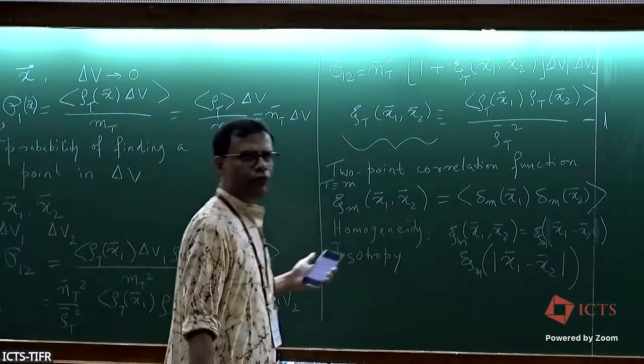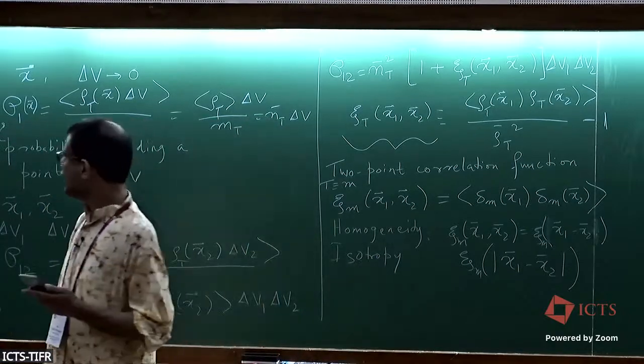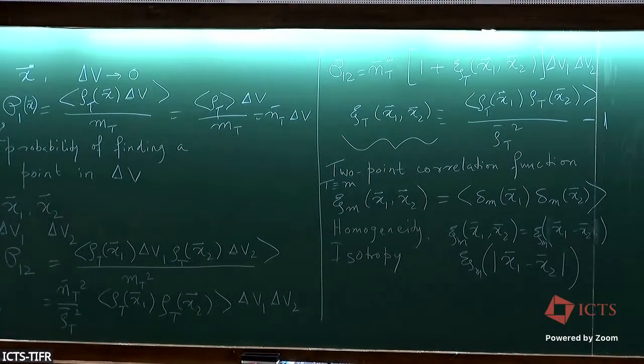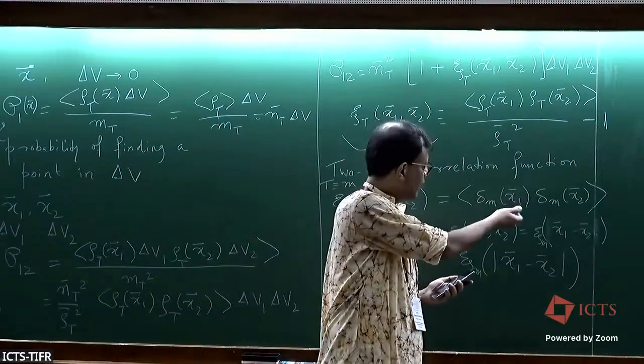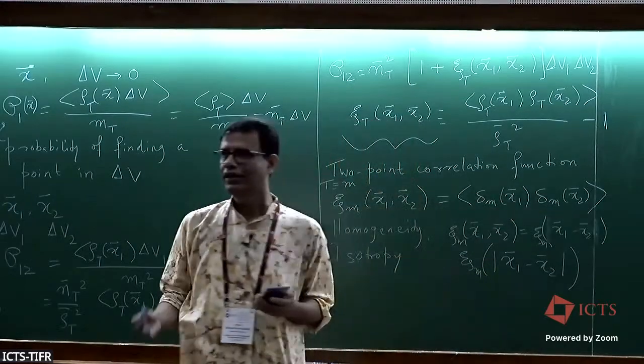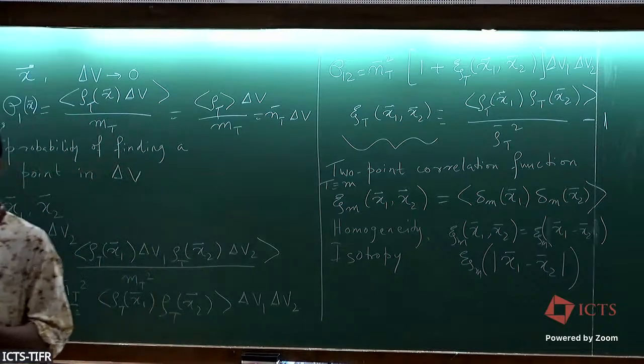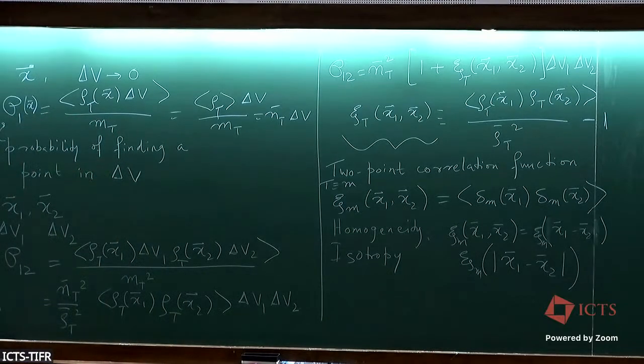Now remember, this is something we have been using quite a bit: we represent our density field as a sum over point particles. Yesterday we wrote down the form of the density contrast in such a case.